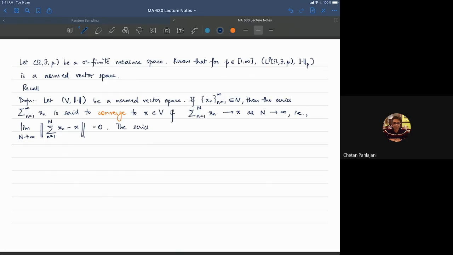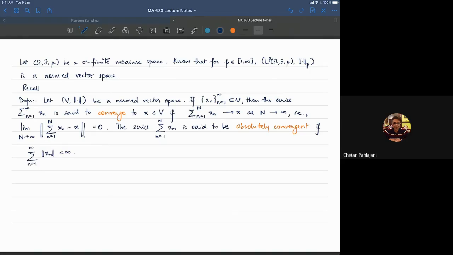The series sum n going from 1 to infinity of xn is said to be absolutely convergent if the sum n going from 1 to infinity of the norm of xn is finite.